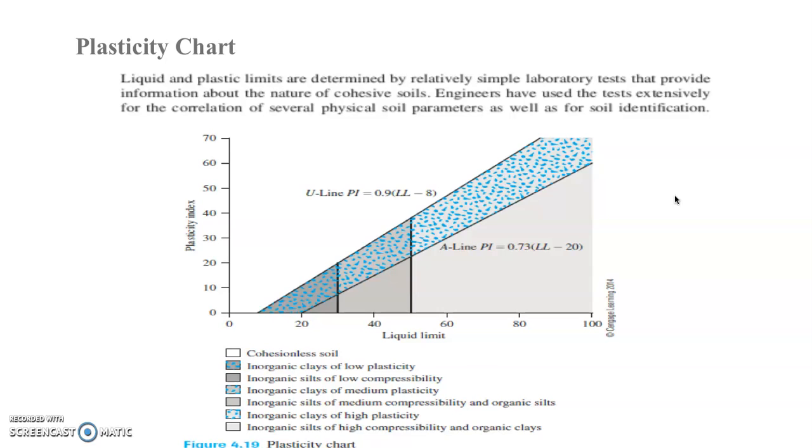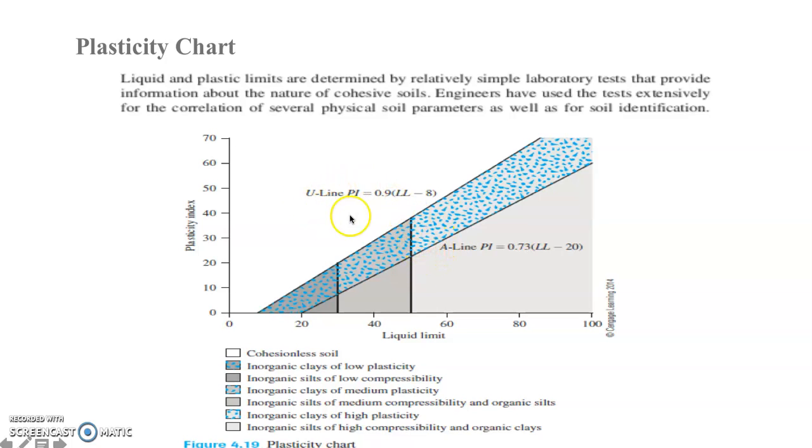So engineers have used the tests extensively for the correlation of several physical soil parameters as well as for soil identification. For these plasticity charts, you have your A line which separates the clay from the silt. So this is the A line. You have the equation for the A line. This separates the clay from the silt.